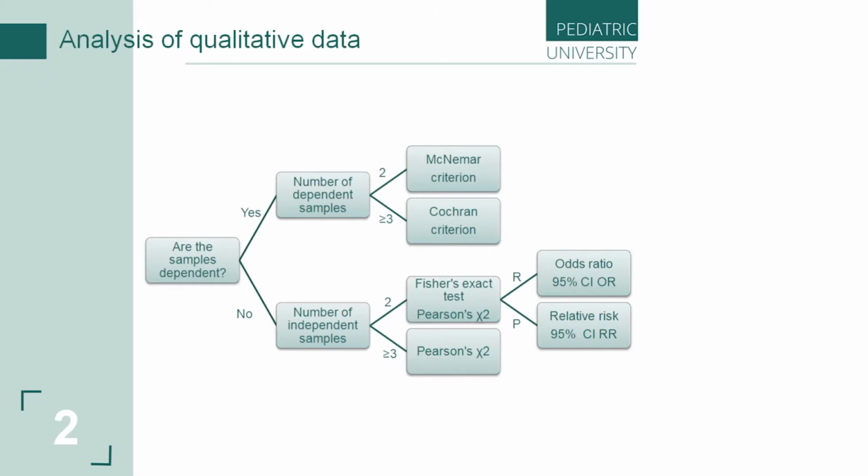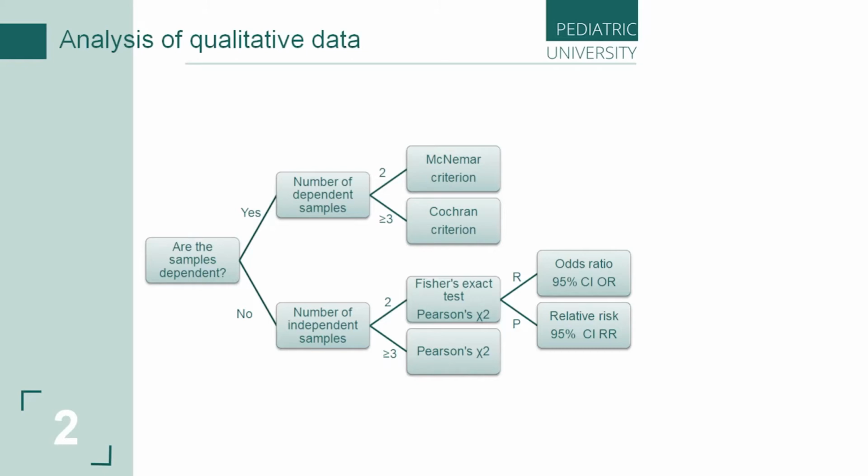If there are more than two samples, 3, 4, or more, then we should use the Pearson chi-square criterion. And after choosing the test for two independent samples, we must necessarily calculate the odds ratio with the confidence interval or the relative risk.